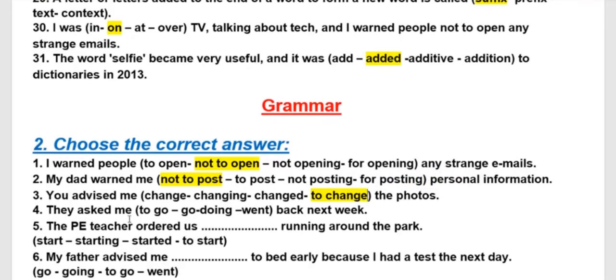They asked me to go back next week. The direct speech is "Go back next week." When I report what they told me, I say they asked me to go back next week.